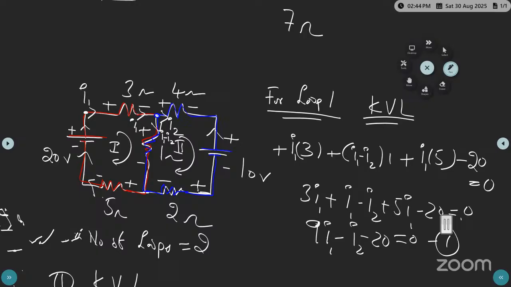Travel in a clockwise direction for loop 2. What is the element before? Plus symbol is available, minus symbol available. Clockwise direction, plus or minus. I into R, I into R, I into R, V. And reduce that equation, write down that final equation, and name it as equation 2.